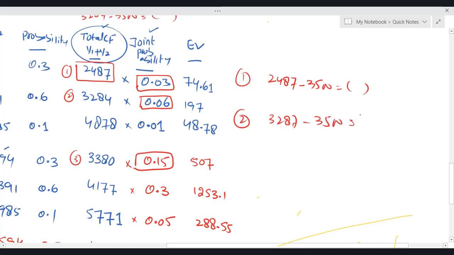That also results in a negative NPV. So we have just added the joint probabilities.